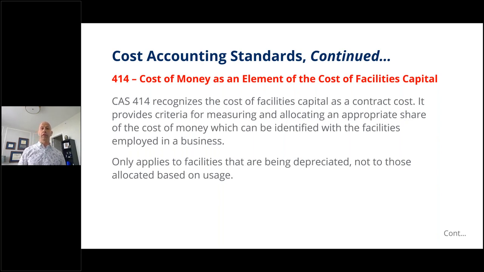Because we were allocating that cost out on usage, we could not have used cost of money as a factor included with the capital that was tied up buying those printers or other related devices. So again, just the clarification there, the cost of money is only for facilities that are being depreciated, not to those that may be allocated on some kind of usage.